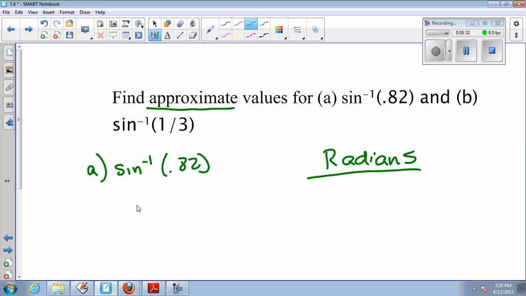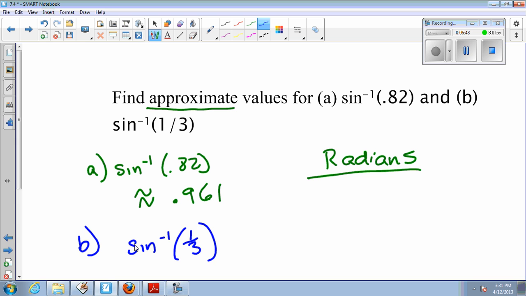So you plug it in and we approximate it. Let's take it out to 3 decimal places. You get 0.961. Part B, arc sine of 1/3. And we'll have to approximate it using our calculators, and we get 0.340.